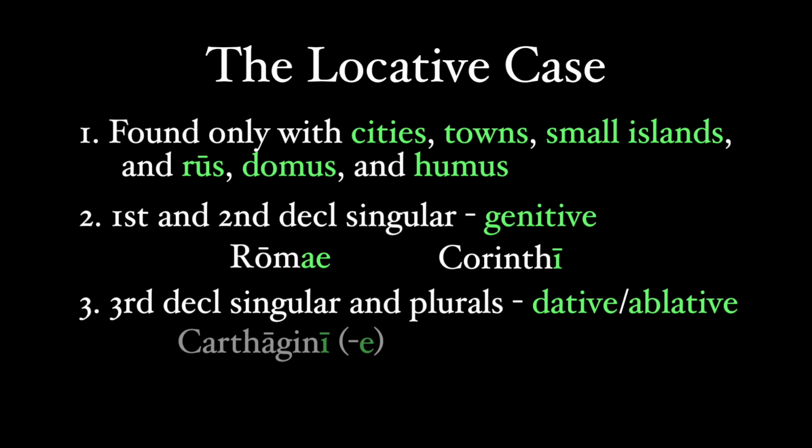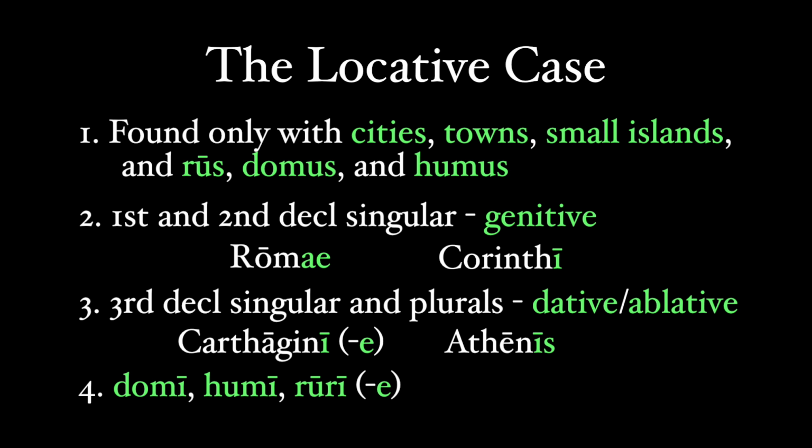Third declension nouns like Carthago and all plural cities like Athenae have the locative identical to the dative or ablative ending. And the locative of domus is domi, and humus is humi. They are second declension nouns, so this is the genitive ending. While the locative of rus is ruri, it's in the third declension, so this is identical to the dative.